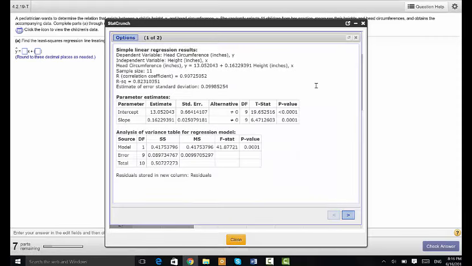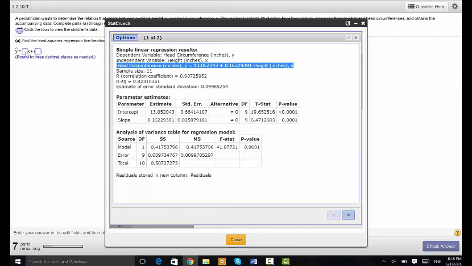Okay, let me open that up. You'll see this line is really important here. It says head circumference inches y. So y is the head circumferences, and it's equal to the following. Be careful, the x is actually on the back here. So the number in front of it is the slope, because x represents the height.